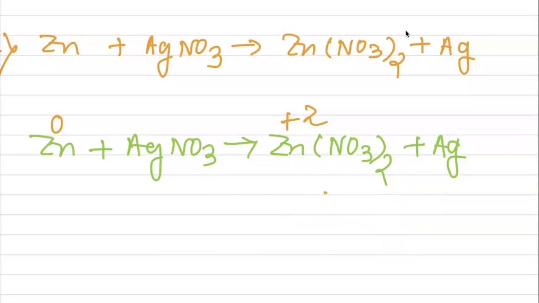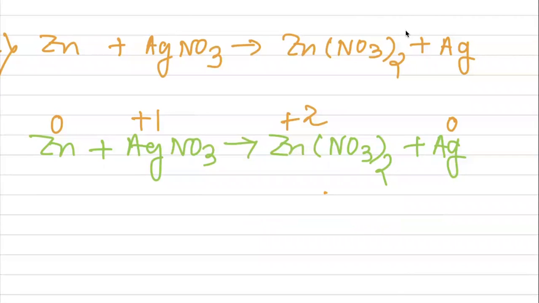So zinc will be in +2 oxidation state. Now, here in silver nitrate, what is the oxidation state of silver? +1. And here, obviously, it is 0.